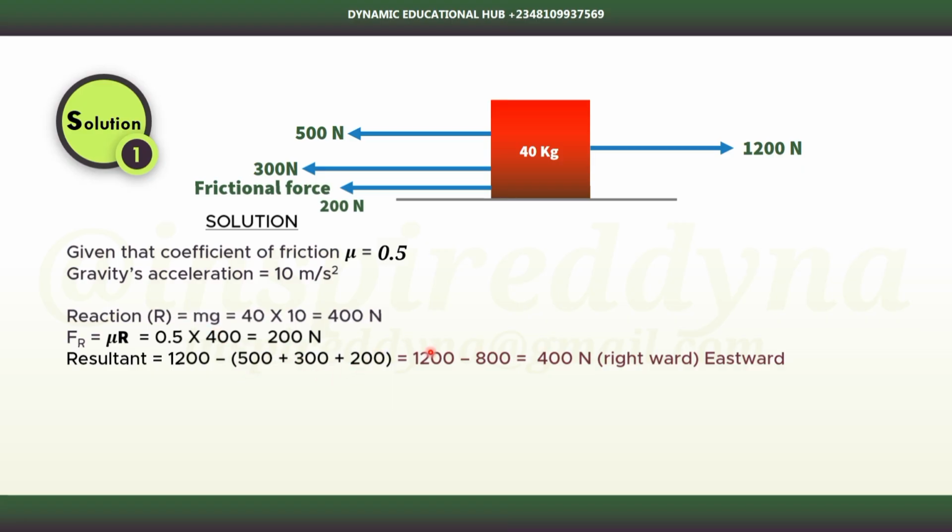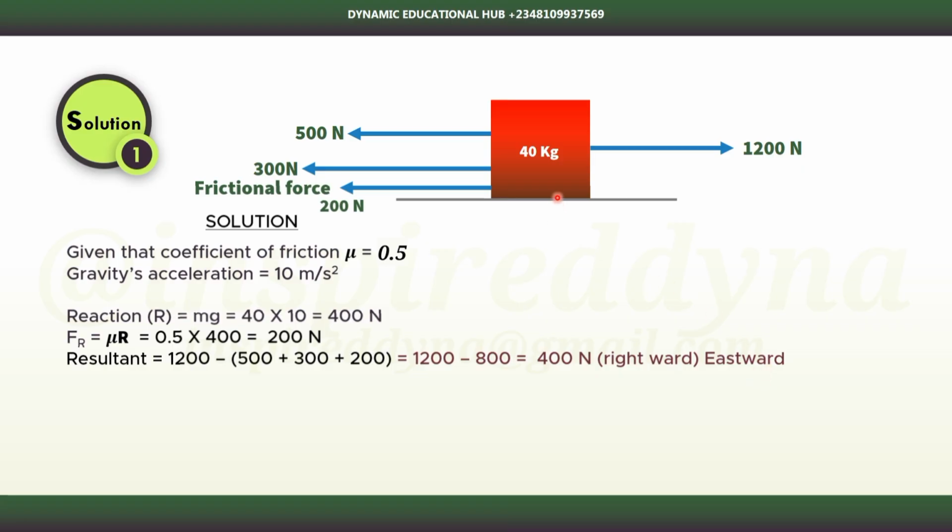That gives us 1200 minus 800, and that is going to be 400 Newton. Now let's fix the direction. Since this object will slide along this direction, according to our analysis, the resultant force is not equal to 0. So this object is going to slide towards this direction. That is why we have a rightward, also known as east.